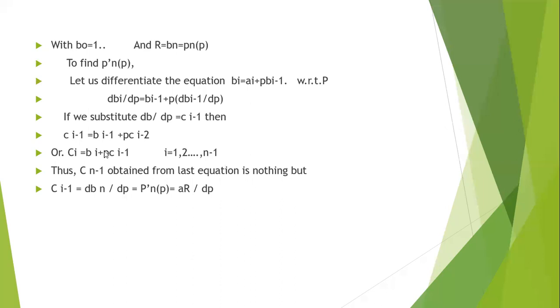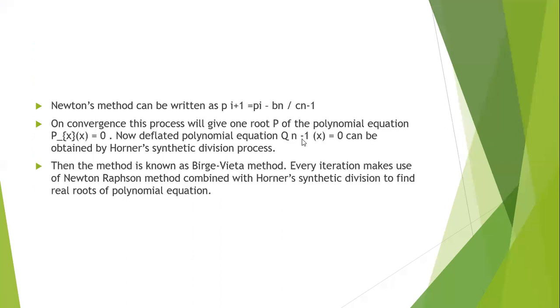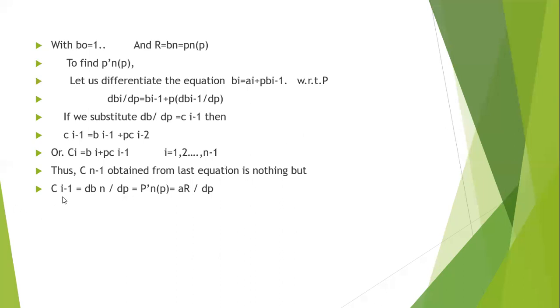Therefore, ci is equal to bi plus p into c(i minus 1), where i is 1, 2, up to n minus 1. Thus, c(n minus 1) is equal to dbn upon dp, which is equal to P'n(p), which is dr upon dp.